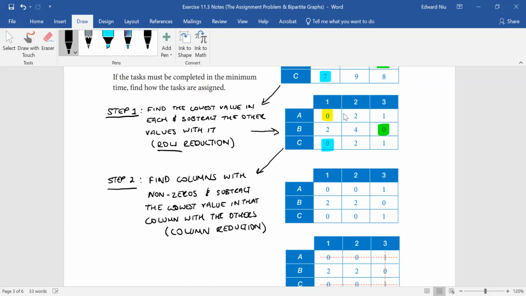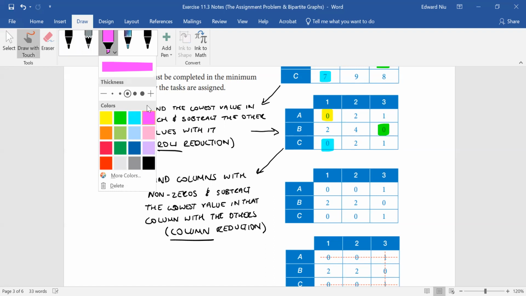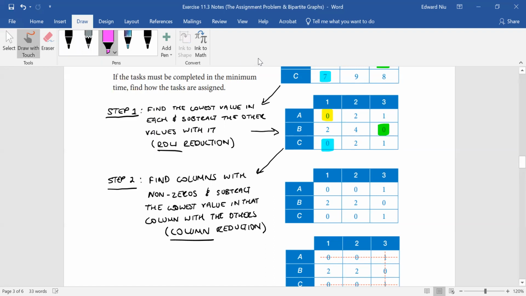All right, so what you'll notice here now is there's only one column without a 0. Okay, so we've got 0, 2, 0 in column 1. Column 2, we've got 2, 4, and 2.